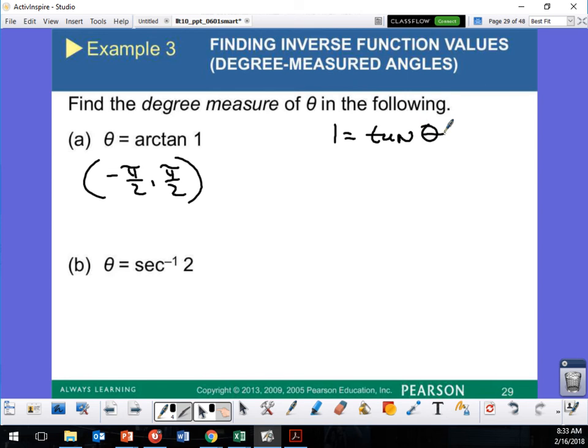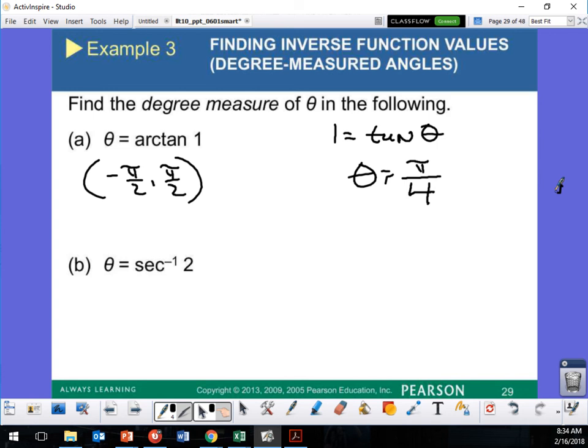Now, where is this equal to 1? Remember, tangent is the ratio of y over x, sine over cosine, right? 45 degrees or pi over 4. So theta is equal to pi over 4. I know, it's ugly, sorry.